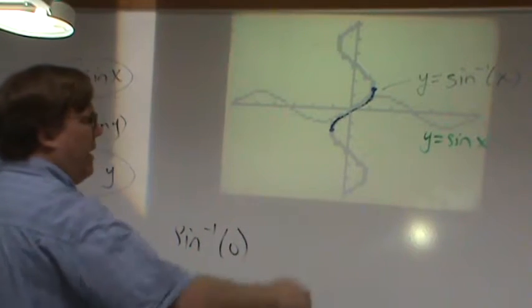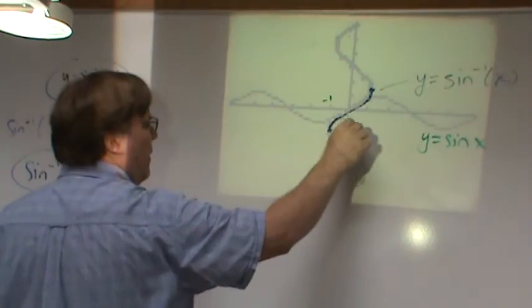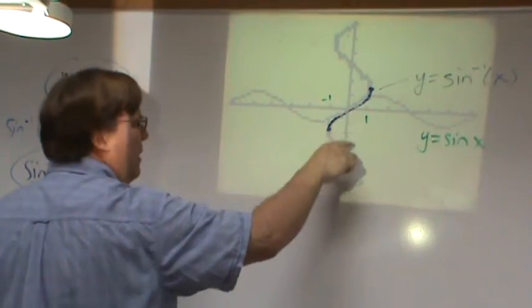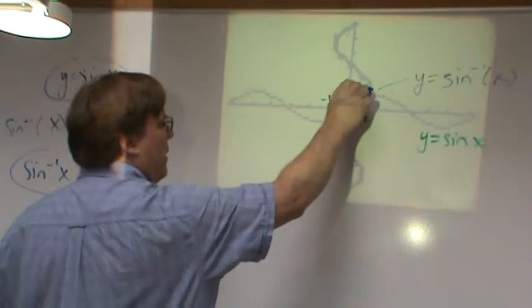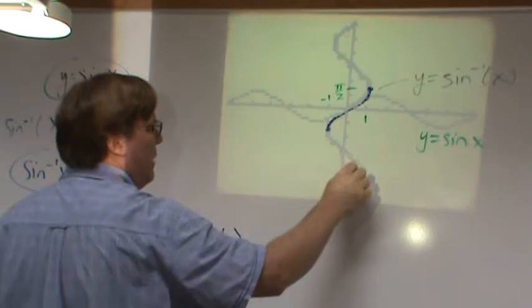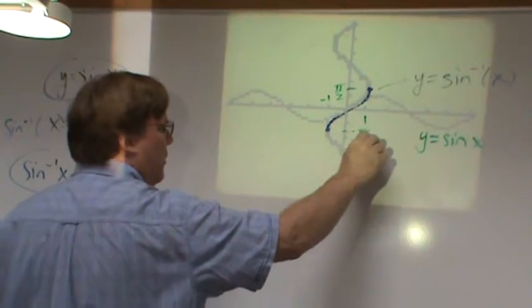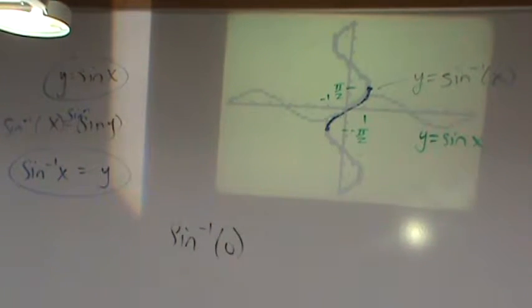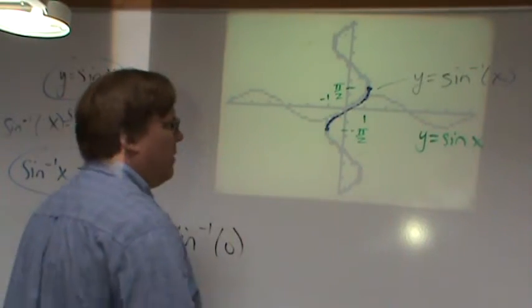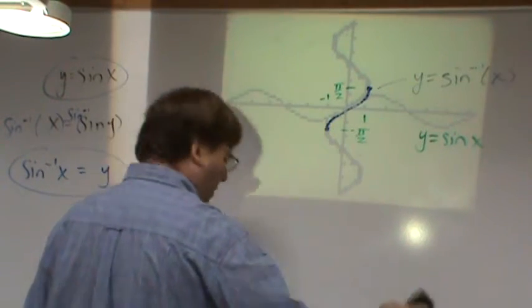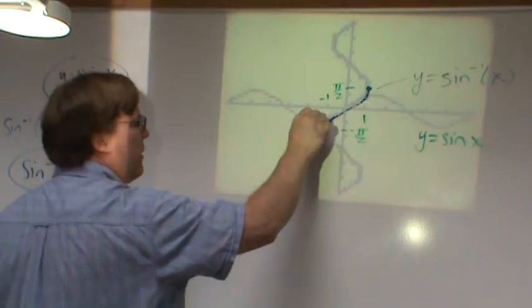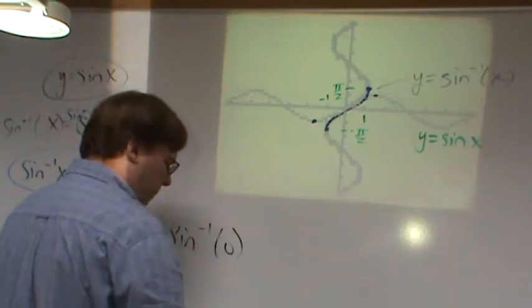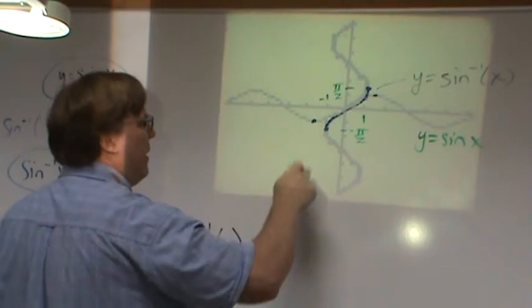So, because this is -1 to +1 for the inverse sine of x, and this is pi over 2 to -pi/2 for the inverse sine of x, I'm going to have to restrict my sine, which I am doing in green.